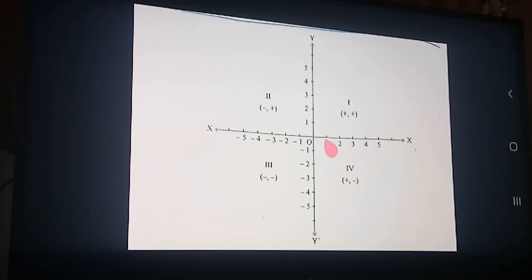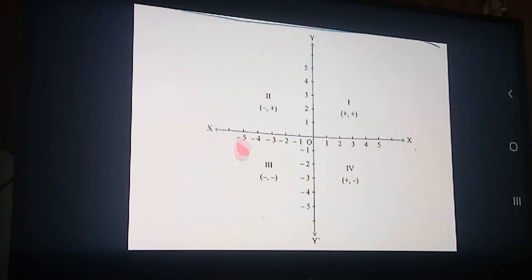Why it is happening I also told you. Here x is positive and y is also positive, therefore plus plus. Here x is negative and y is positive, so minus plus. Here x is negative and y is negative, therefore minus minus. And here x is positive and y is negative, therefore plus minus.